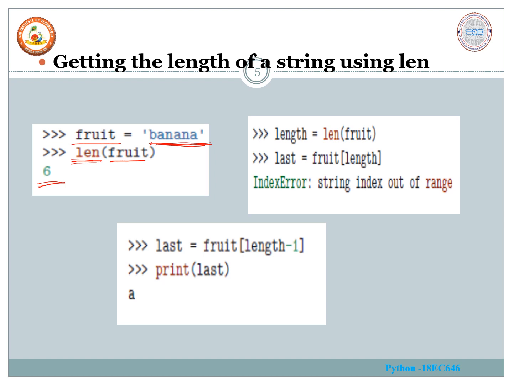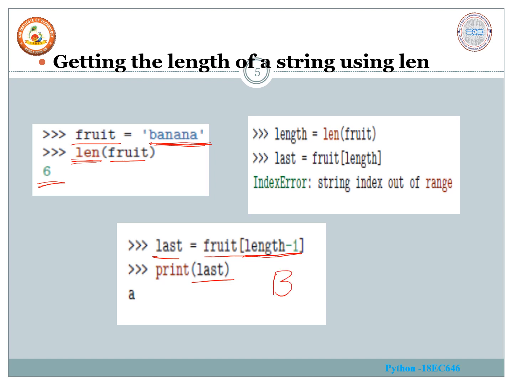We can also go about getting the last letter of the string, and in that situation we may use this syntax. Say for example I have a variable last, and you need to keep in mind that since we are indexing with the starting value as 0, the last index would be the length minus 1. So you need to consider fruit of length minus 1, which means the last value of the given string will be taken and printed.